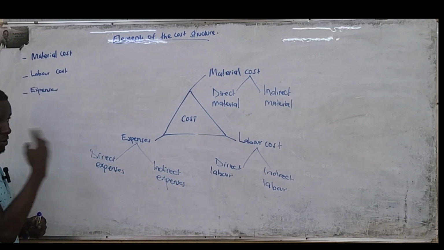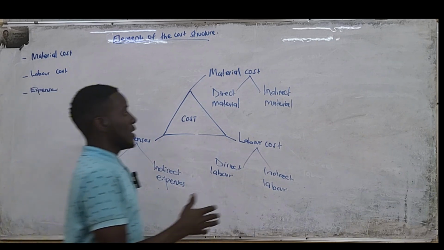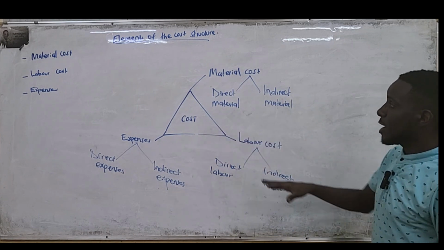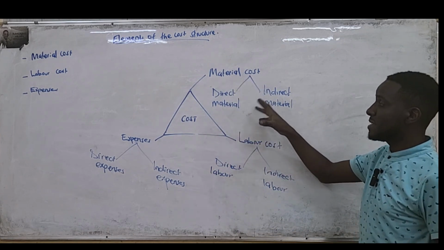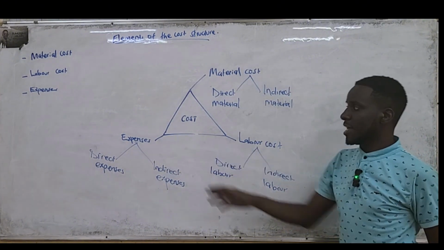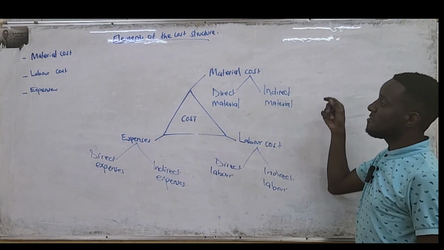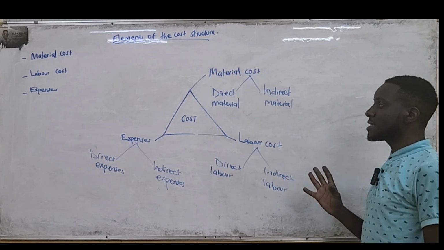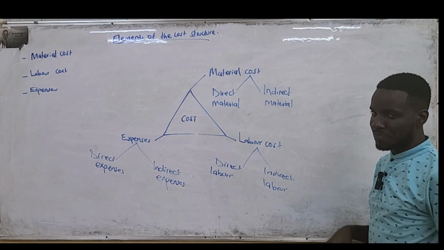So this is how it looks now. Like you can see here, this is our cost, and our cost can be further divided into material cost, labor cost, and the expenses. Then also we can further subdivide these three elements into direct nature and indirect nature.